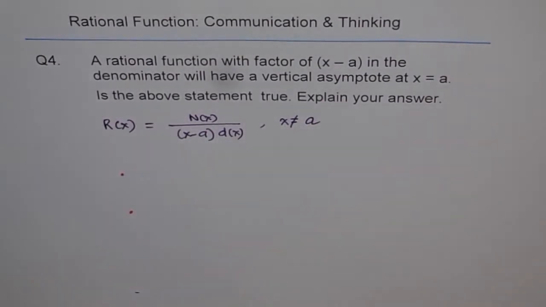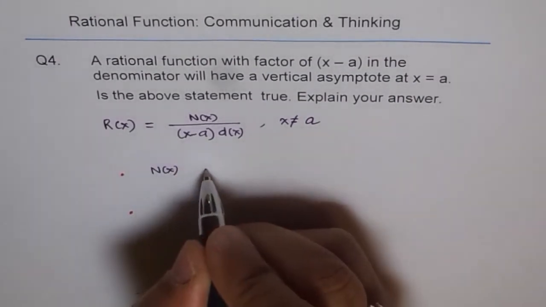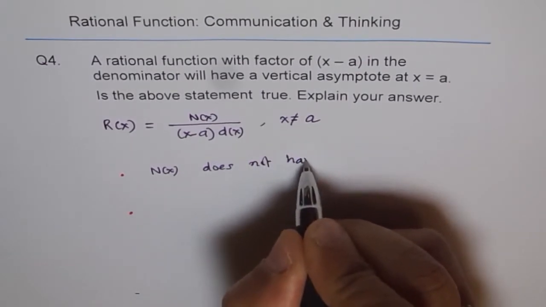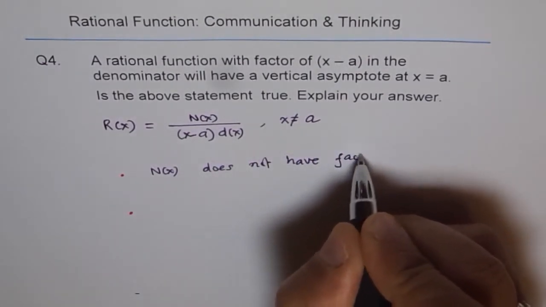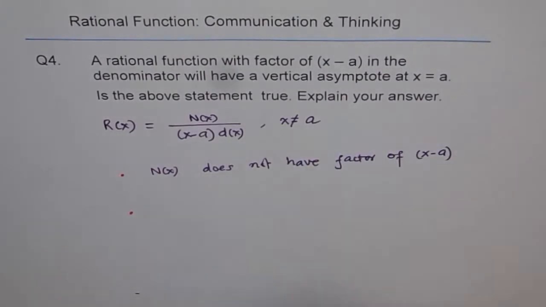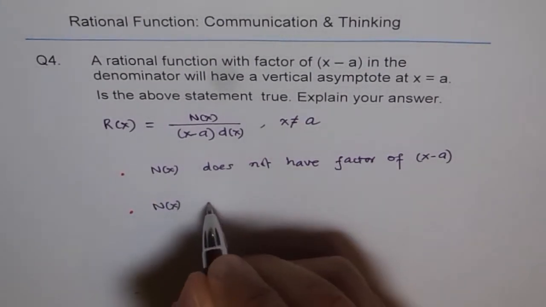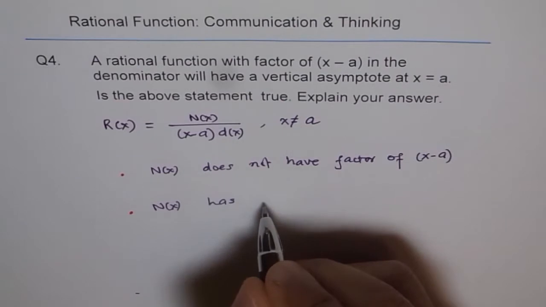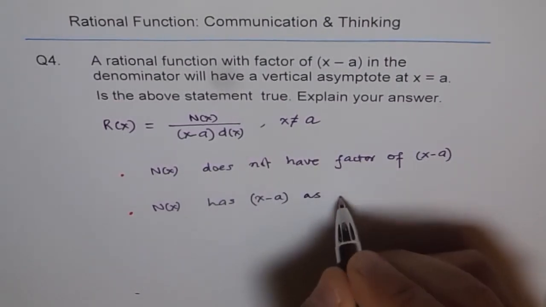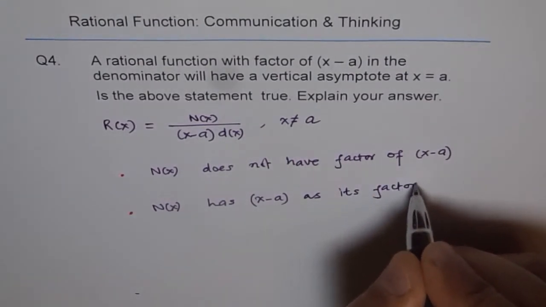One scenario is that the numerator n of x does not have a factor of x minus a, right? And the second one is that the numerator n of x has x minus a as its factor also.